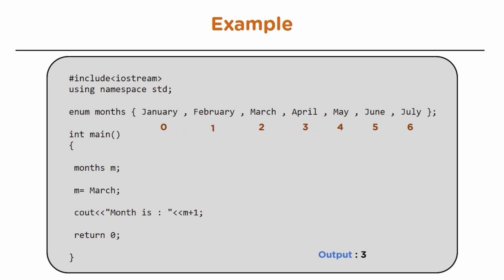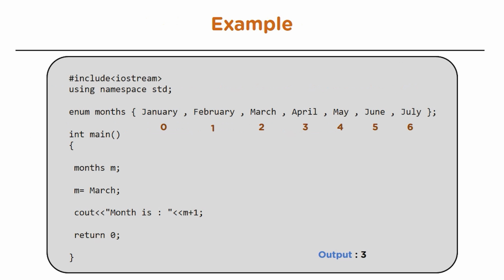Now here we have assigned the month March to the variable m, and then we are printing the variable m plus 1. Here plus 1 will print the value next to the month March, that is 3, and similarly if we write plus 2, then it will print the one next to it, that is 4. These values are default integer values. After printing the output, the value is 3 because we have printed m plus 1 where m is 2 and plus 1 makes it 3.